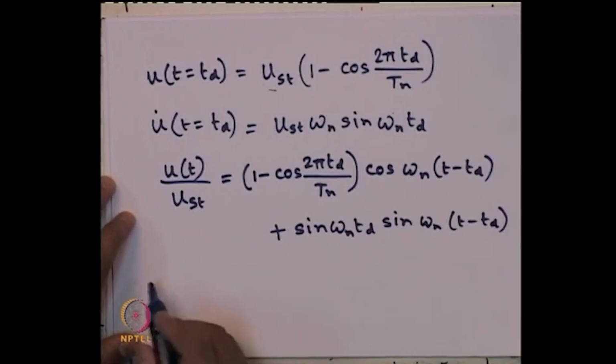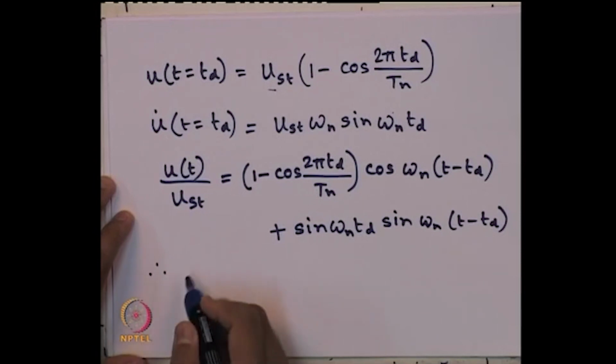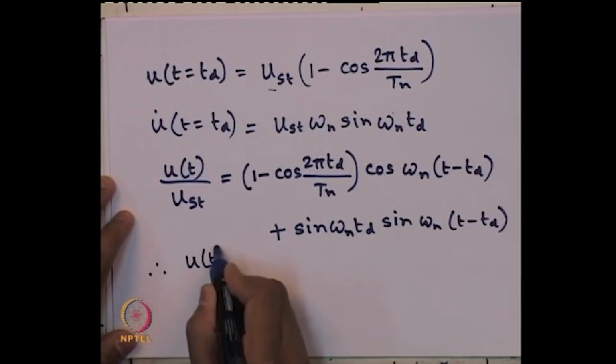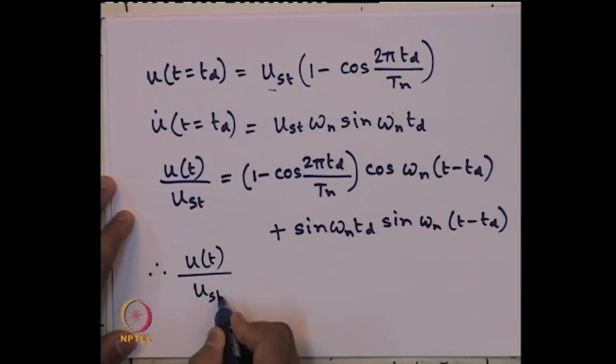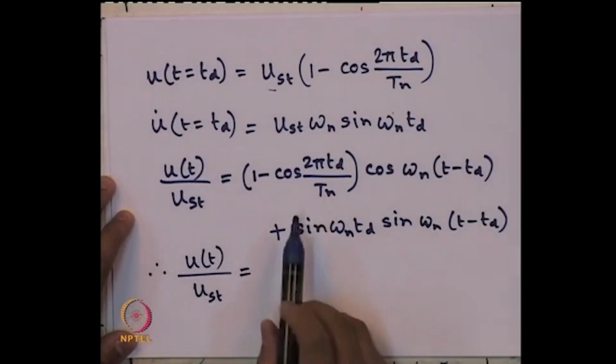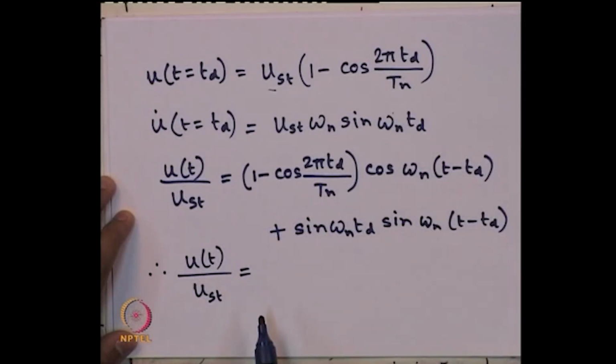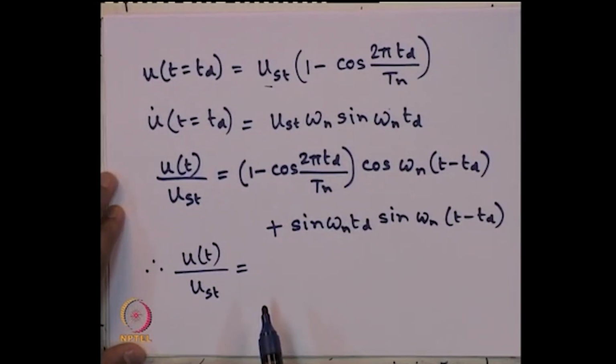Therefore, if I simplify further, u of t by u of st can be written, as this is a trigonometric function, as you can see the variation.